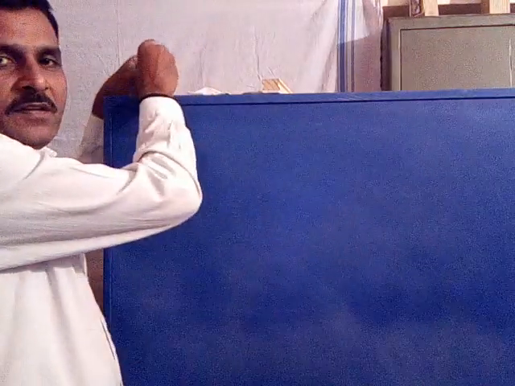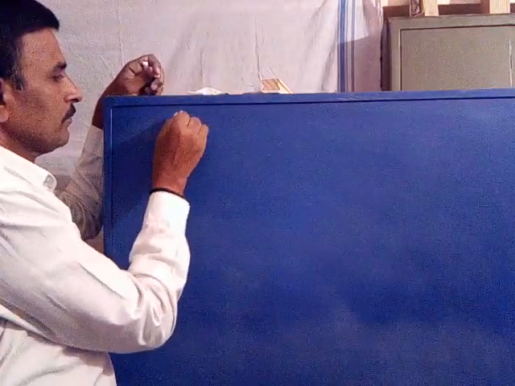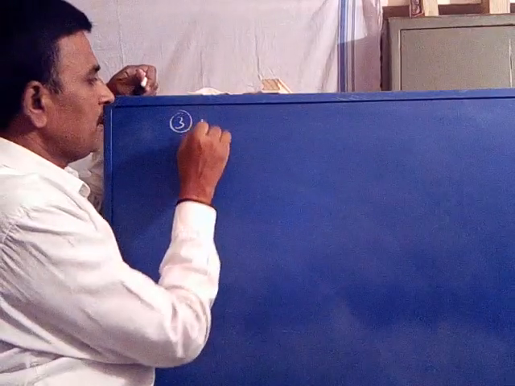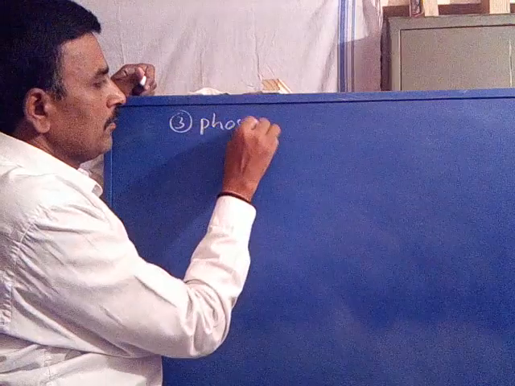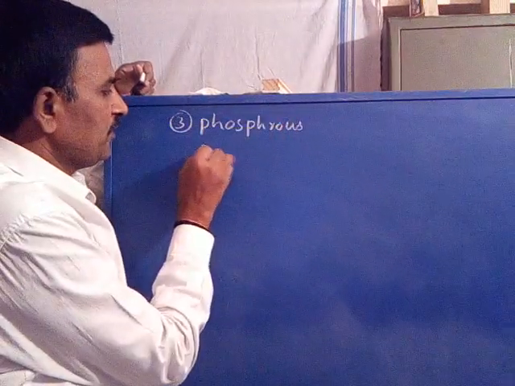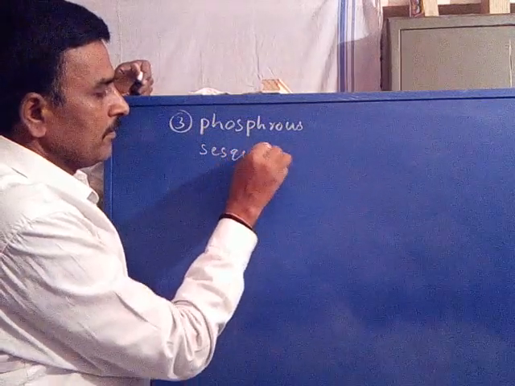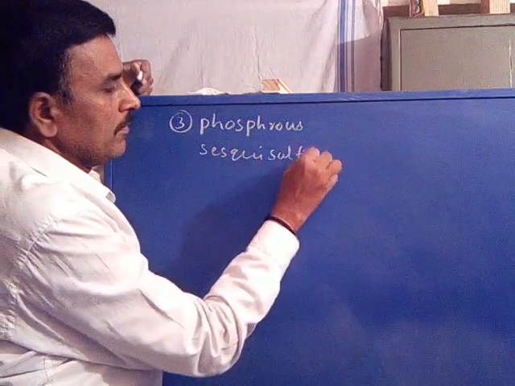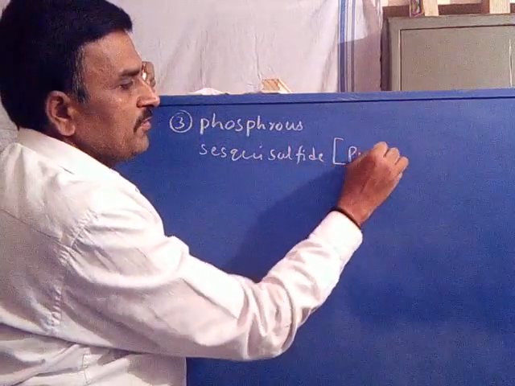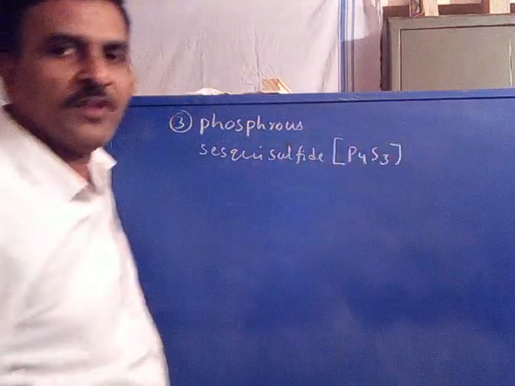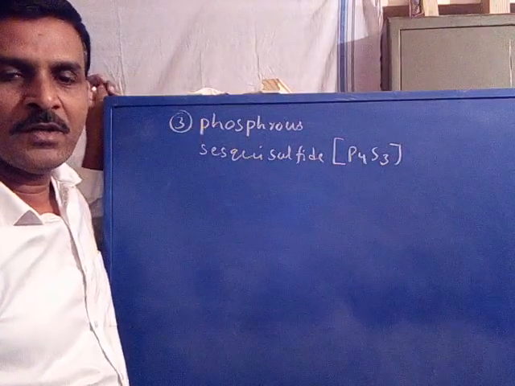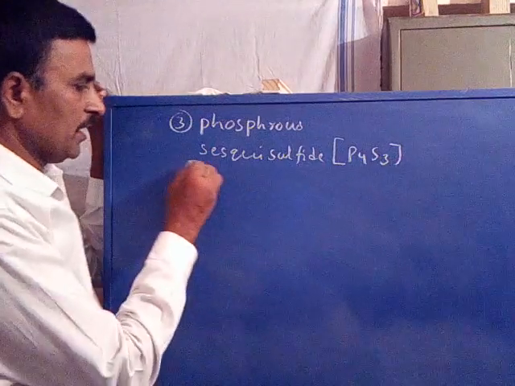Now the third example, phosphorus sesquisulfide, P4S3. Its formula is P4S3: four phosphorus and three sulfur atoms.